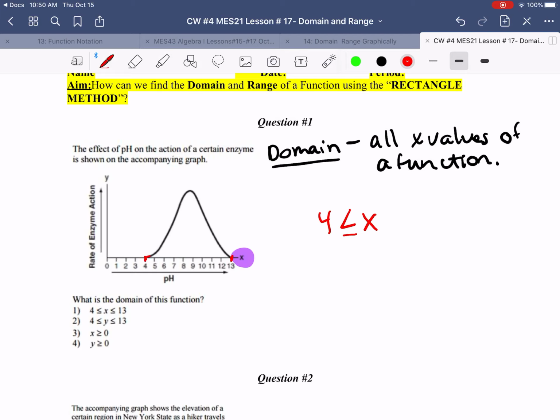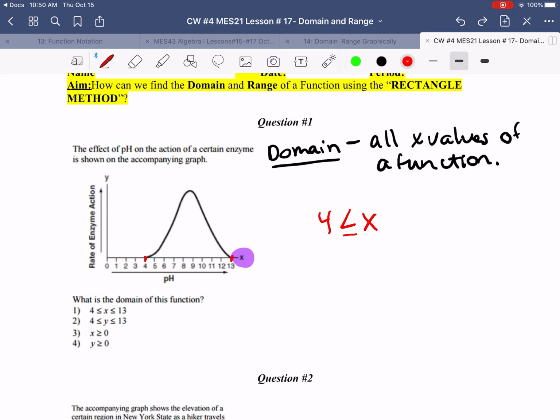The function does not go past 4. So all the x values are greater than or equal to 4. You see that the mouth of the greater than symbol is facing the x. I always think you want to eat less M&Ms or more M&Ms. So it means it's more. So x is more than or equal to 4.